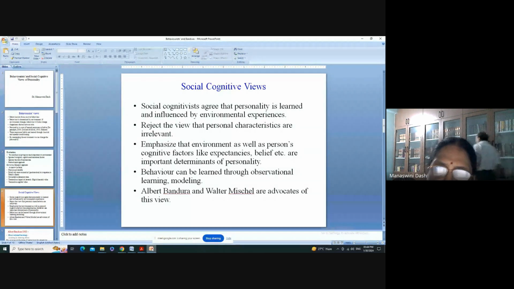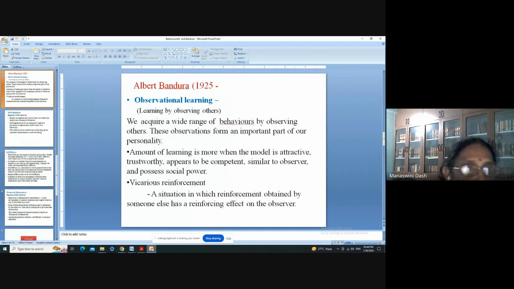Albert Bandura and Walter Mischel are advocates of this view. Albert Bandura gave the theory or concept of observational learning.